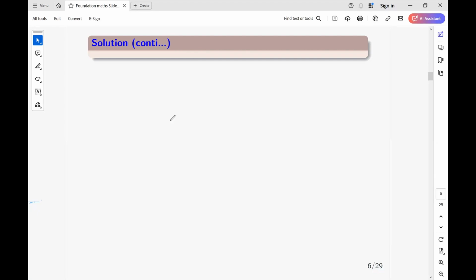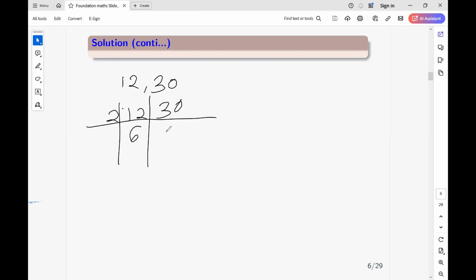So for LCM, we start with the first digit. We have the numbers 12 and 30. We start with the least divisor for both. So 2 here gives 6 and 15. 2 goes into 6 giving 3.